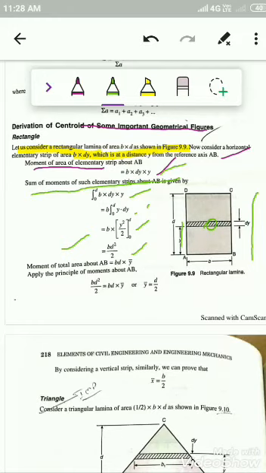Now you have to consider the moment of the total area about AB. The total area is the entire rectangle.